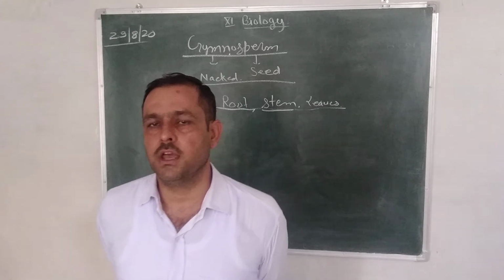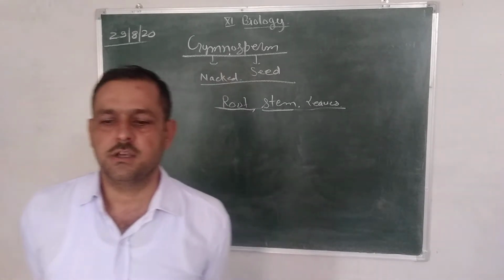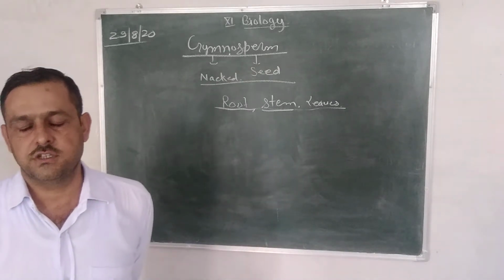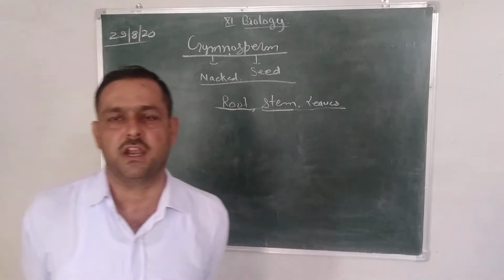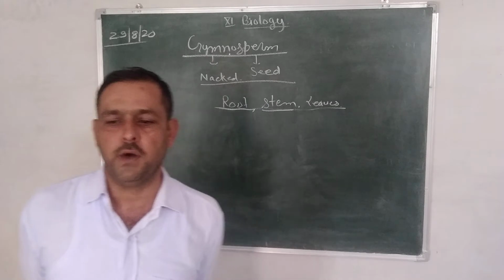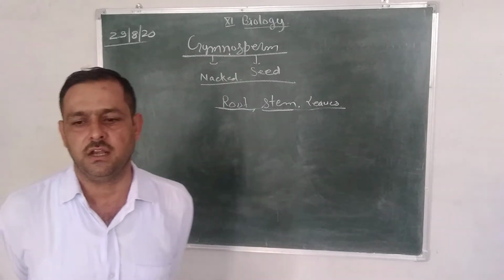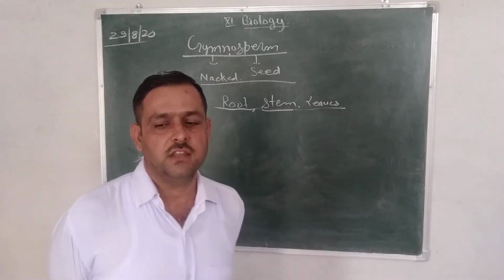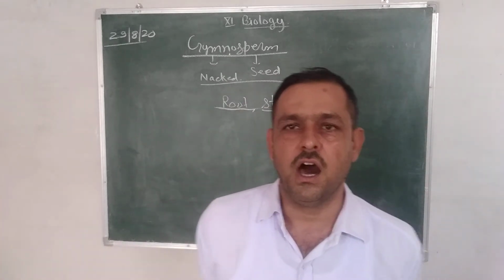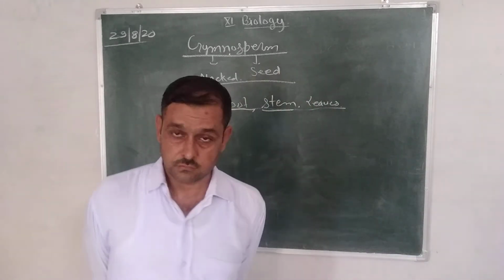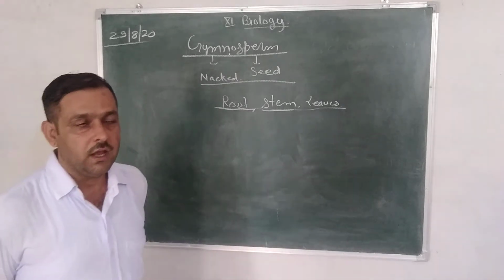Secondary xylem is called wood. But in gymnosperm, the xylem is composed only of tracheids and wood parenchyma. So wood fibers and vessels are absent in xylem. Thus, gymnosperms have soft wood rather than the hard wood found in angiosperm.